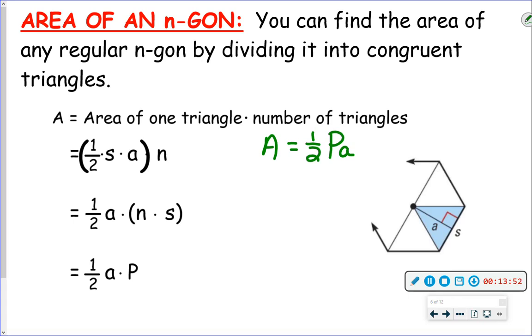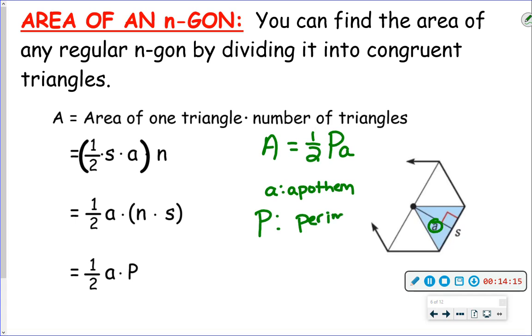Now, what do those mean? The little a is that apothem. And you can see on the picture, you got the a on the picture. Now, what does the big P mean? Because you're going to need this calculation, obviously, today. Perimeter.